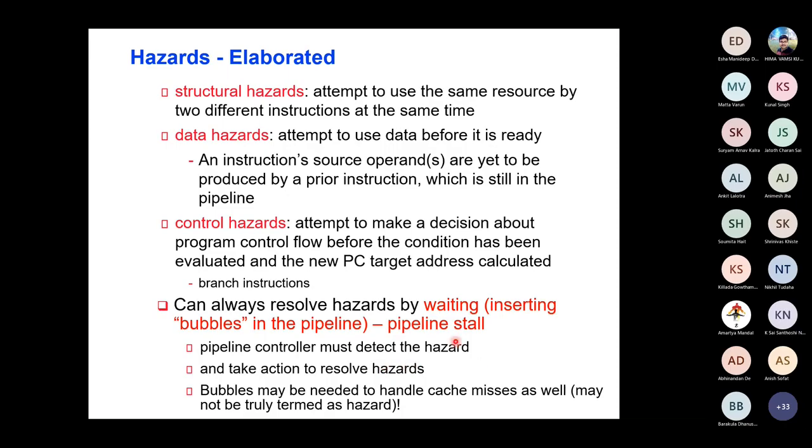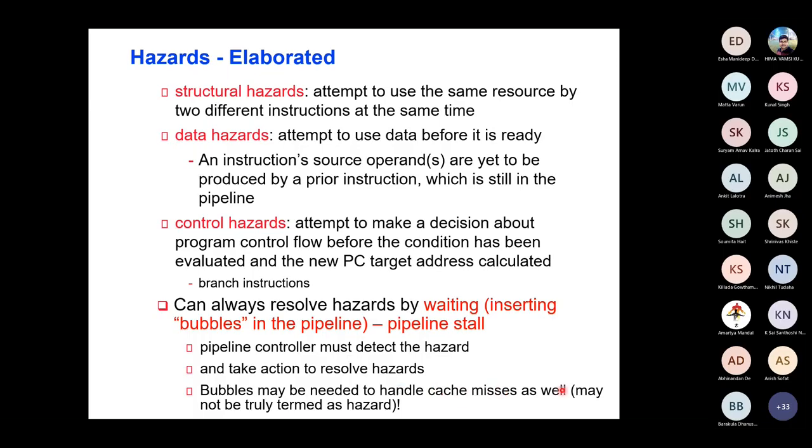And as we discussed a while ago, cache misses can also be handled by using bubbles. Just wait for some clock cycles until the cache returns the correct value. Now you may need many bubbles here, because if there is a cache miss and then a main memory page fault and so on, that cannot be predicted ahead of time.